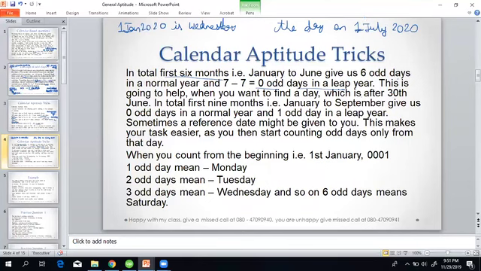You can see that 2020 is a leap year. So from January to June it gives 0 odd days because this is a leap year, which means there are complete weeks. So after completing June, on 1st July it gives the next day after Wednesday, that is Thursday. So 1st July 2020 will be Thursday.